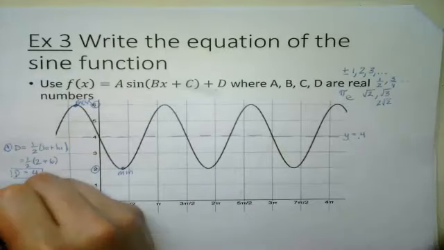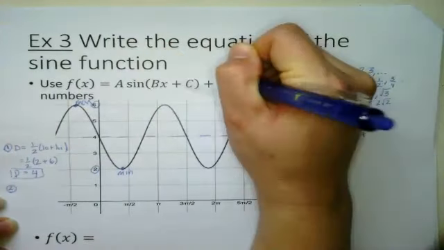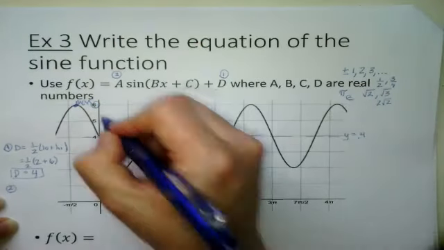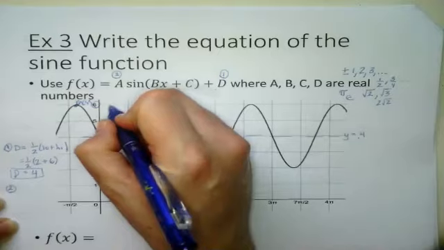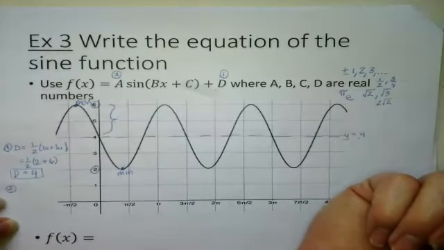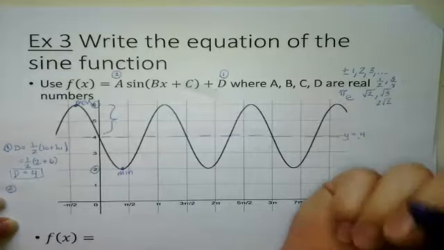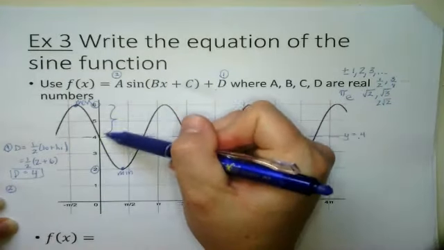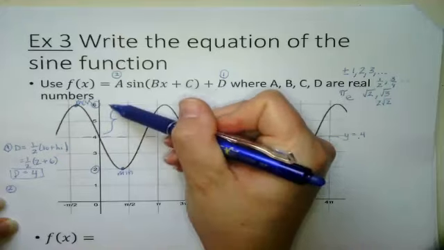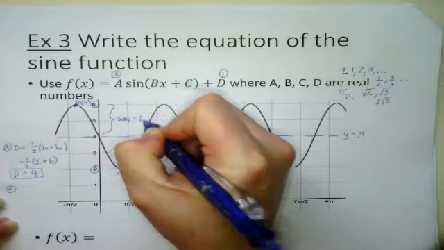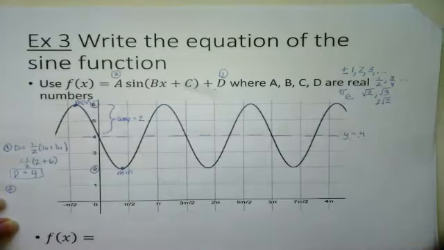From there, the second step we would do is actually figure out the A. So the first thing is the D, and the second thing is the A value. The A value, again, maybe you can just see it. A is like amplitude, but we do want to figure it out fairly easily. So let's see. On here, it looks like the distance between the midline and the maximum is 2. So the amplitude is equal to 2. Now, that's not the value of A. That's amplitude.